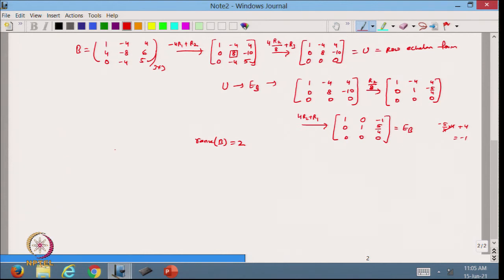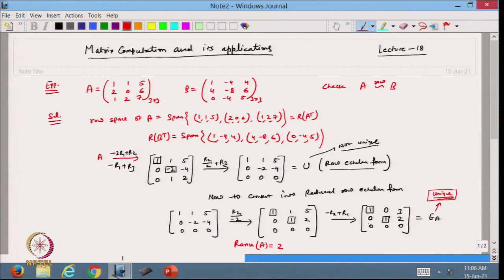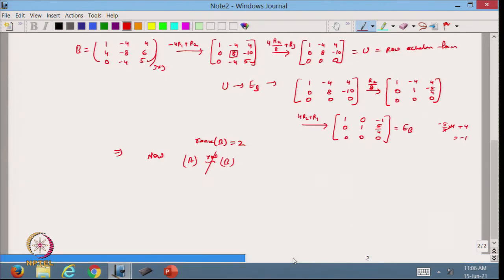So, now from here matrix A is not the same, because they definitely both have the same rank, but they are not agreeing, meaning the row vectors are different. Here it is 1 0 minus 1, here it is 1 0 3 and 0 1 2. So, it is 0 1 minus 5 by 4.